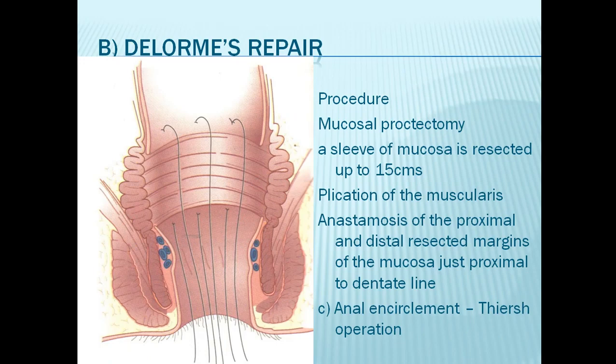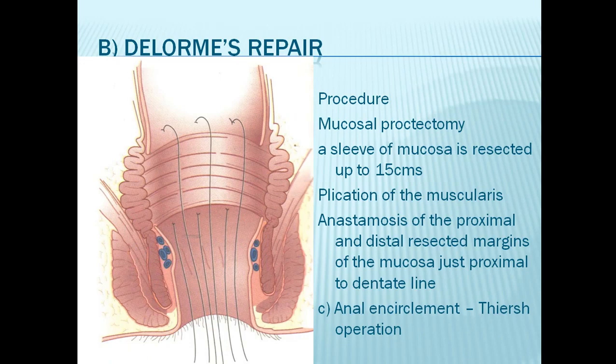Whereas in Delorme's operation, you do a mucosal proctectomy. That is, the sleeve of the mucosa of the rectum is resected up to 15 centimeters from the anal verge. So you make a circumferential incision through the mucosa over the prolapse, and the sleeve of mucosa is resected up to 15 centimeters from the anal verge.